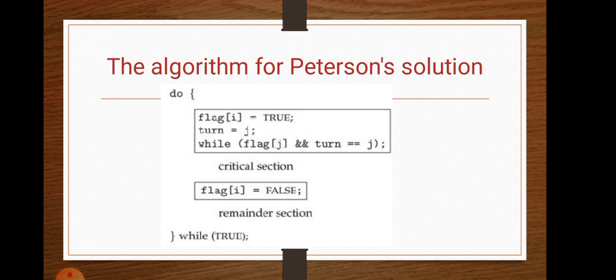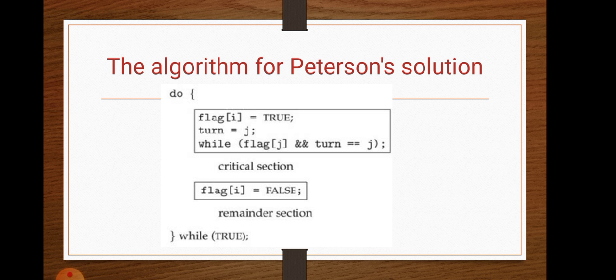Hence if I set the first process as flag 0 is equal to true, then which turn is it to enter its critical section? That is turn j. Turn j is nothing but, for example, process P1. So then process P1 is going to enter its critical section. For example, when flag 1 is equal to true for process P1, then process P1 goes to the critical section.